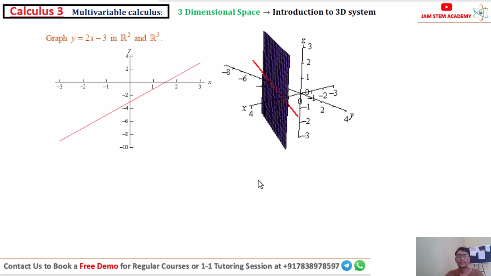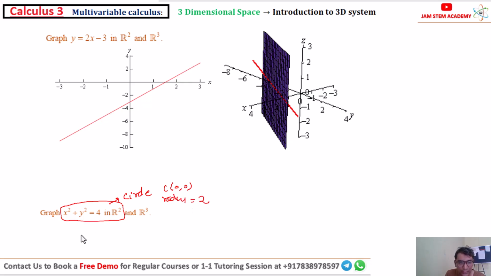Now let's generalize it to not only the linear equations but any equation. For example, we have x squared plus y squared is equal to 4 in R square. What does that represent? It is a circle with center at origin and radius as what? 2 units. Why?